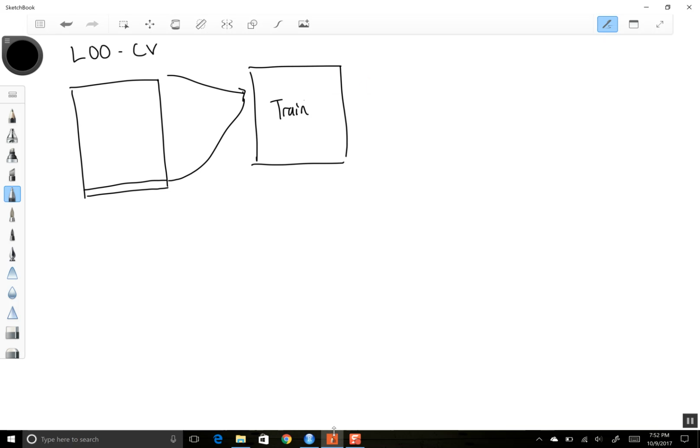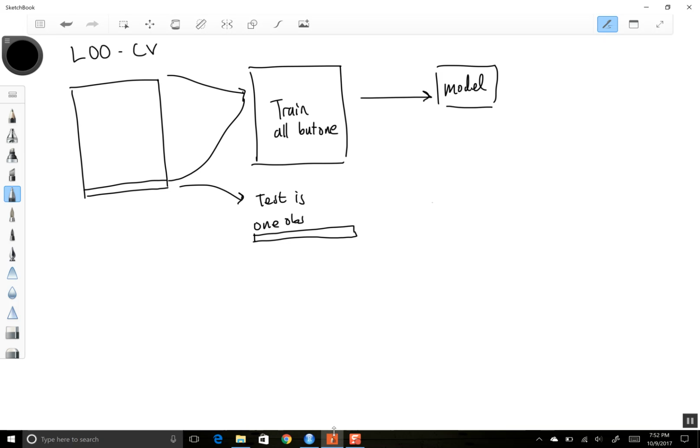Train is all but one observation. Your test is one observation. I shouldn't even draw it like that. I should just do it like this. Use this to train your model. And then you feed this into your model to get a prediction.